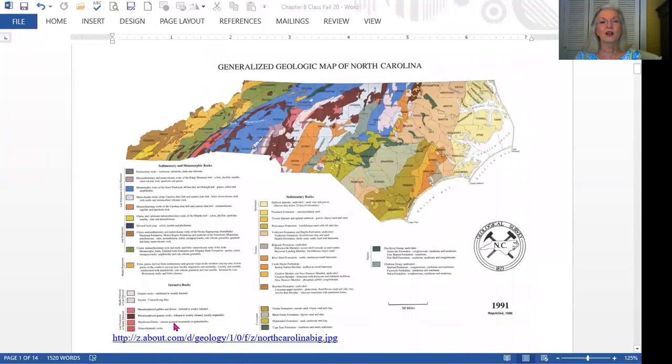This is another generalized geologic map for the state of North Carolina, but you can see it has much more detail in it. And in fact, I think, yes, right here, this blue triangle is Catawba County. And we're somewhere up and through here in this blue region, if I remember.